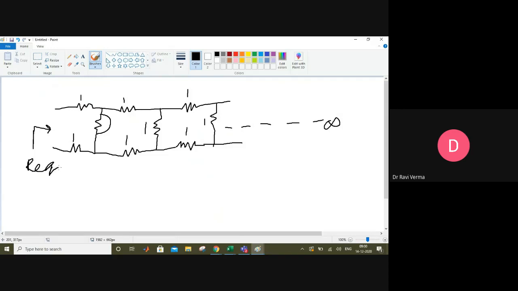Solve it. Find R equivalent. All the resistances have a value of 1 ohm. Two ohm. Any doubt from anyone?